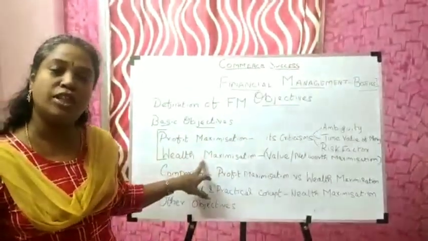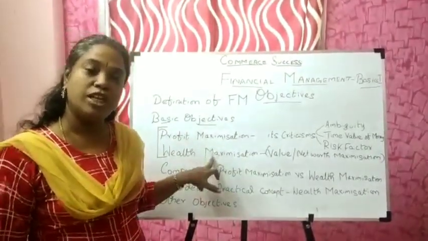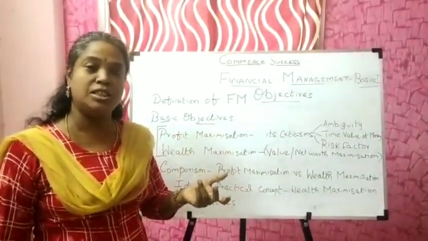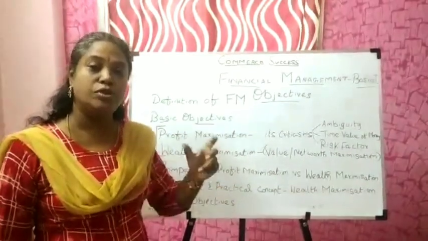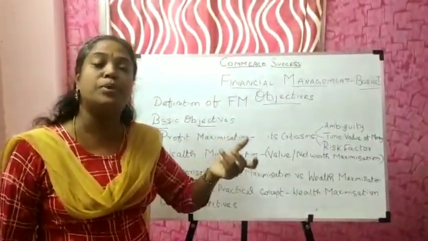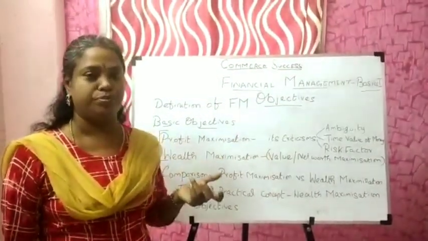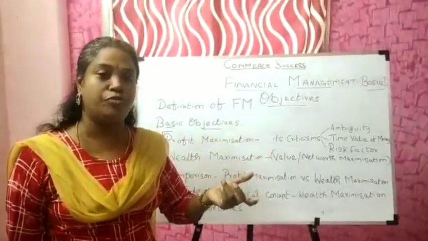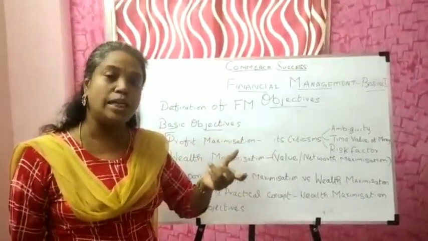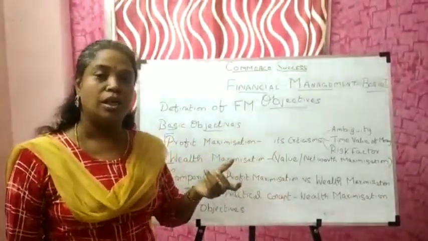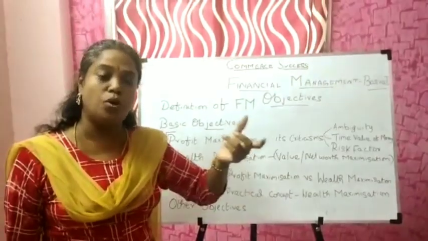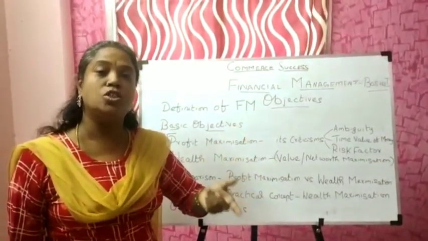The concept of wealth maximization is that the financial manager always tries to make such decisions and undertake such activities which will increase the net present value of the firm. When it tries to increase the net present value of the firm, it is also increasing the value of the firm, and as a result, the market price of the holding is also increased.